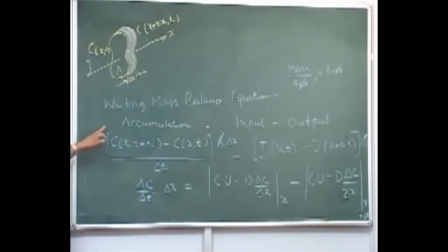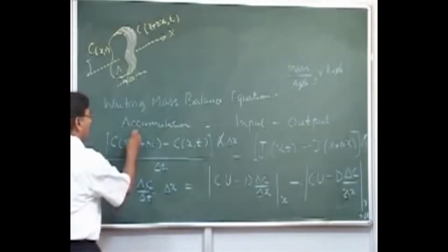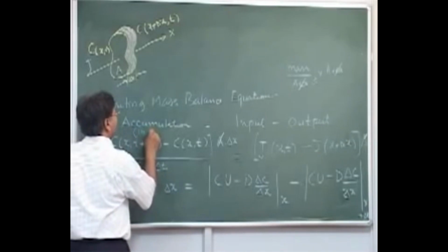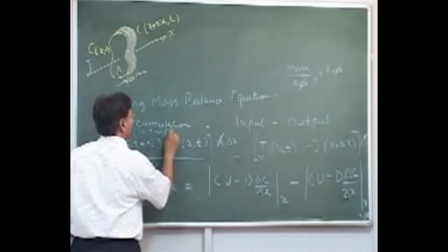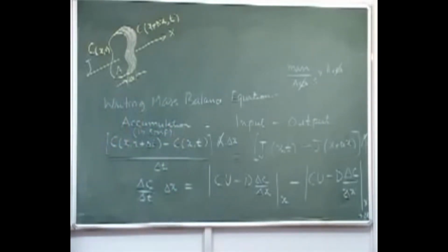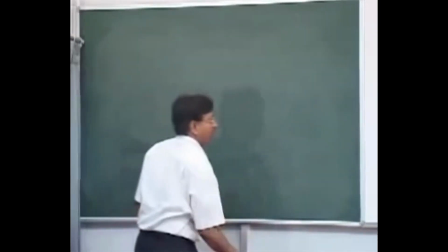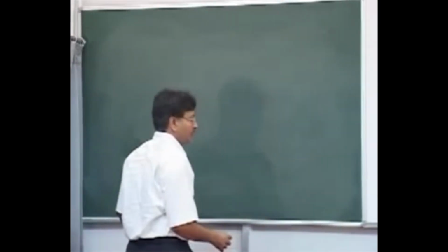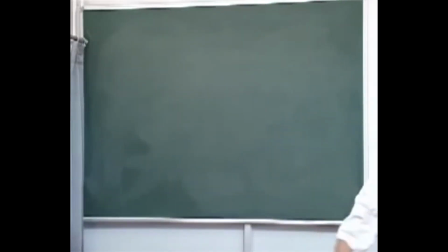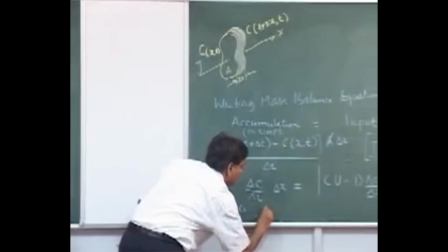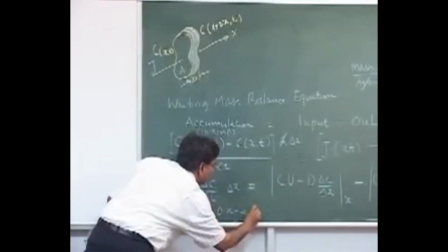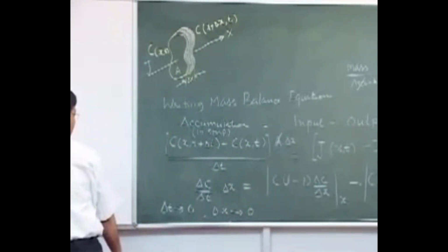Okay. So this is the concentration, this is the accumulation in the strip. And then suppose we take the limit, delta t tends to 0, delta x tends to 0. Okay, let's see what we can write.